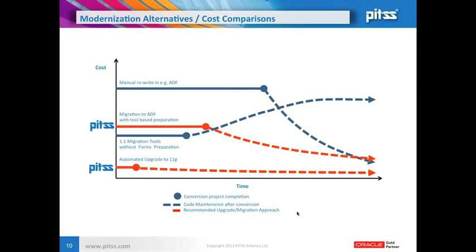You should consider, though, at least upgrading to 11g very quickly. PITSS allows you to do this in 3 or 4 days. If you have an older version of Forms, by using our toolset, we can quickly upgrade you to 11g. And what the dotted line means here is that the maintenance effort after the upgrade is very low, of course, because you're already familiar with the environment and so on.